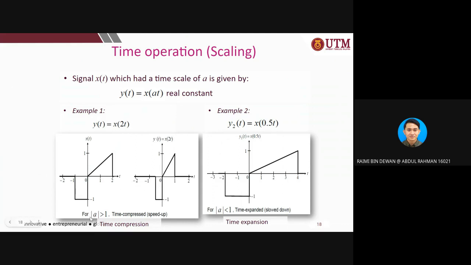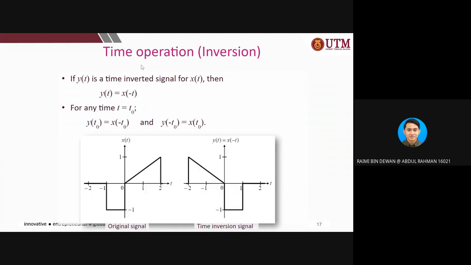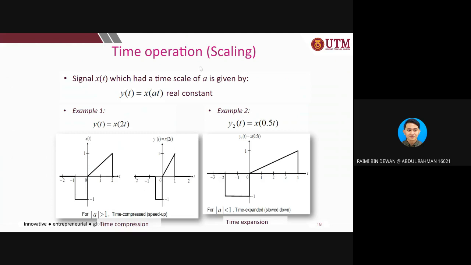That's why we use the modulus here. Considering negative or positive is the inversion, which we learned previously. Now we want to learn about scaling, so we only look at the magnitude.